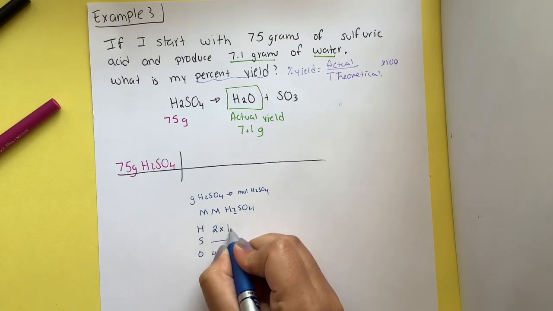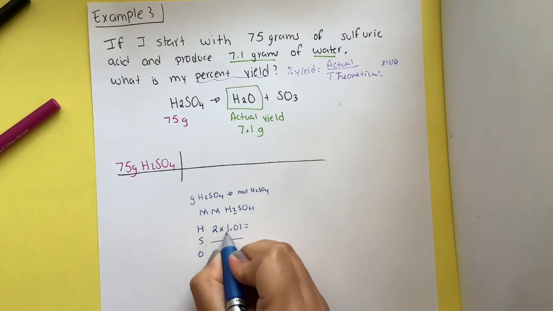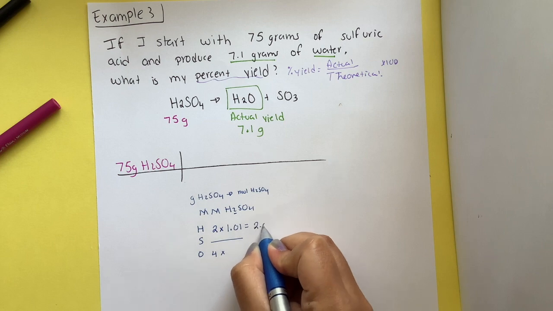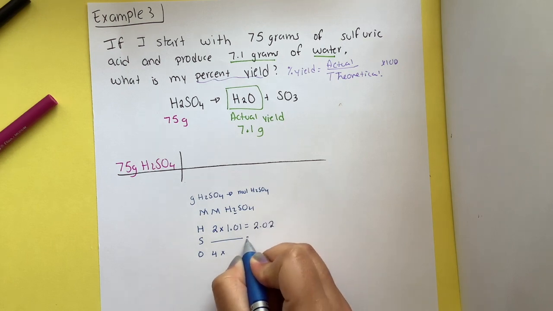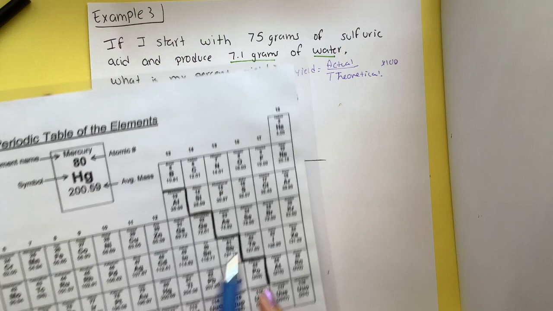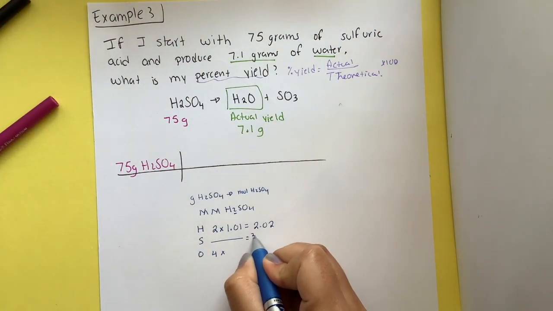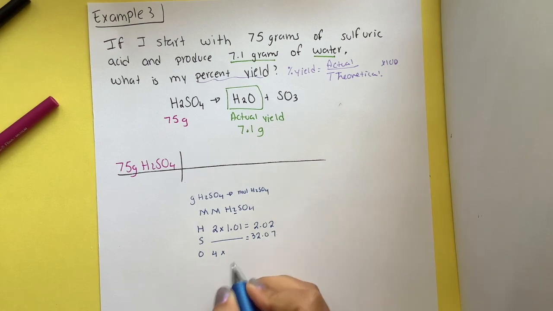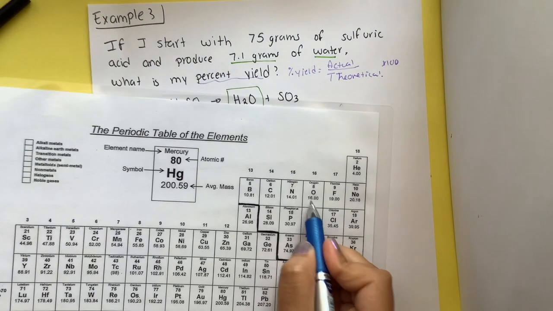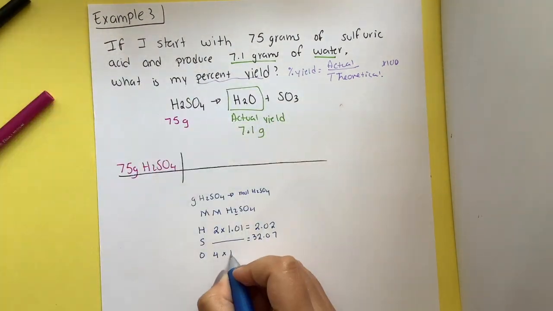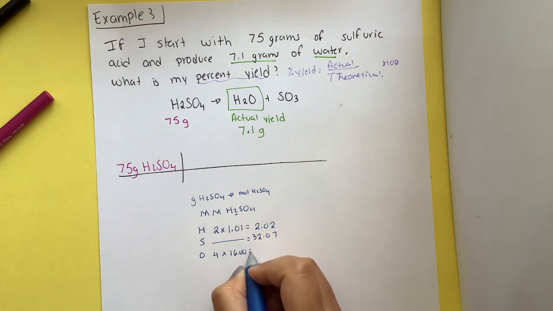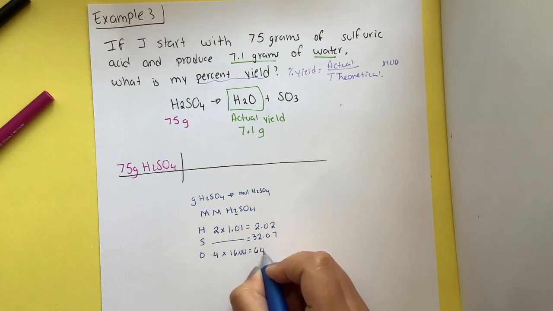Each one has a mass of 1.01. 2 times 1.01 is 2.02. Sulfur in the periodic table has a mass of 32.07. So that's 32.07. And each oxygen has a mass of 16, times 4, that is 64.